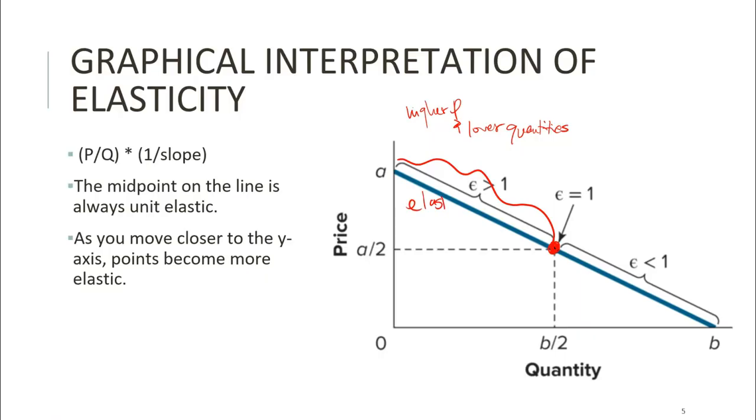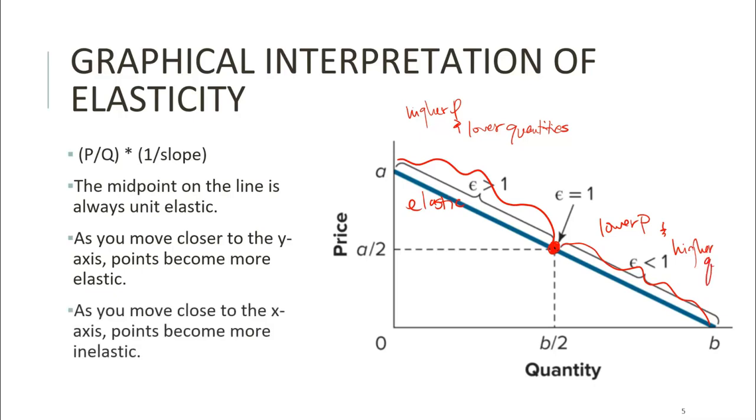Okay, so the top half of the graph is going to be elastic, and then as we move closer to that x-axis down here, where we have lower prices and higher quantities, our demand gets to be inelastic or less sensitive.